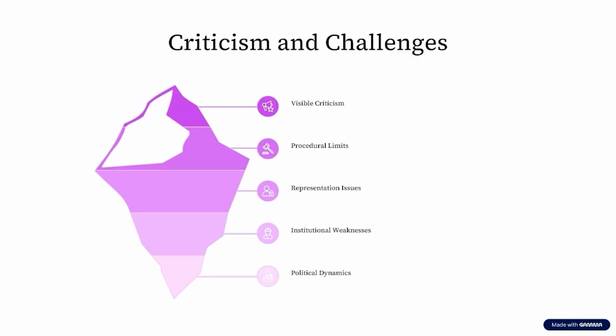Now, having said this, there are certain criticisms with respect to Rajya Sabha also. What are these criticisms and challenges? Number one is that Rajya Sabha also faces a lot of disruptions during debates. Rajya Sabha is also becoming unproductive.